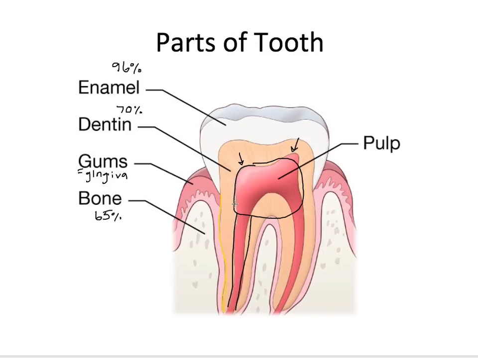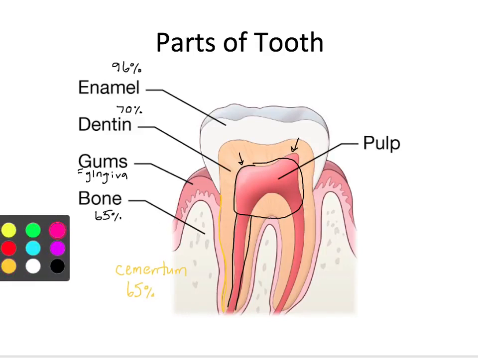That outermost layer of the tooth below the enamel is called the cementum. The cementum is a thin, hard tissue that covers the root of a tooth, and it is about 65% mineral, which is similar to bone.